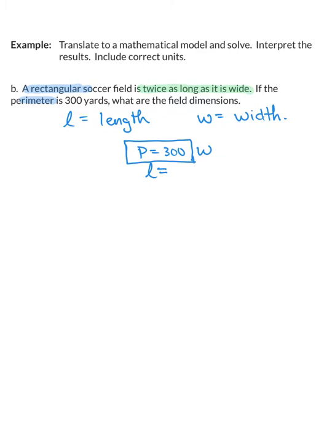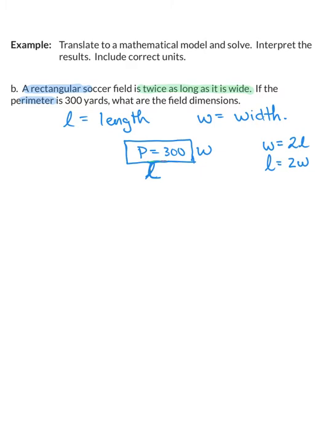So how are we going to translate that? Well, I know twice means multiply by 2. So do I want W equals 2L, or do I want L equals 2W? Which one should be larger, the width or the length?